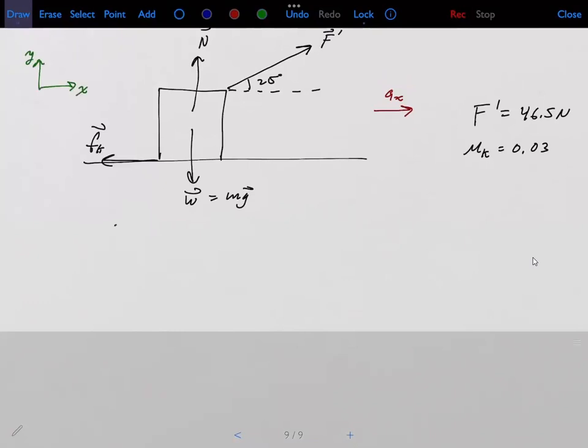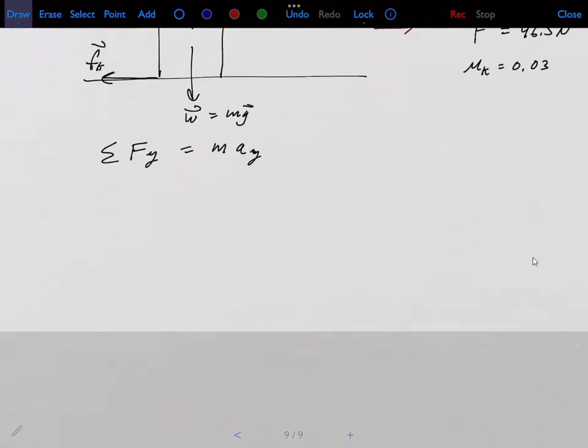So I have the sum of the forces in the y direction is equal to may. So I want the y component of F prime plus the y component of the normal force plus the y component of the weight plus the y component of Fk.